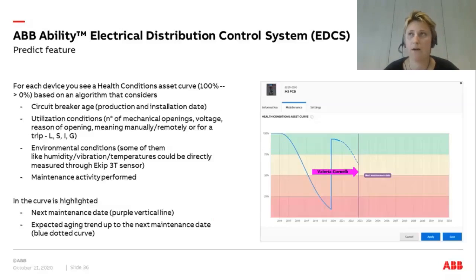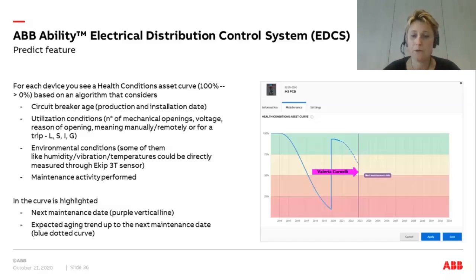I'm talking about the mechanical life, so how many times the breaker opens and closes, the voltage, and whether the opening was normal, okay, or instead related to a fault, to a trip. So we had one of the 4 protections, LSIG, that tripped the breaker.